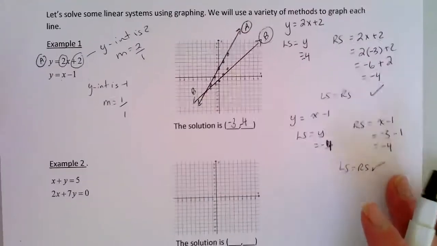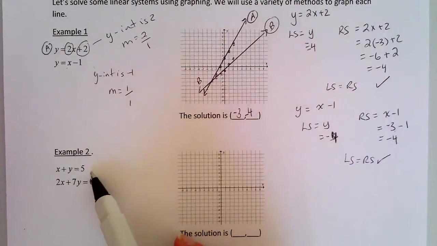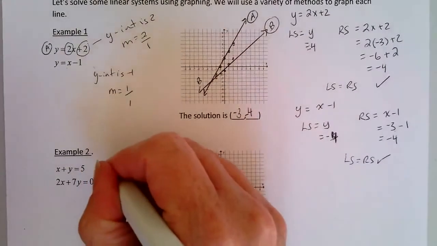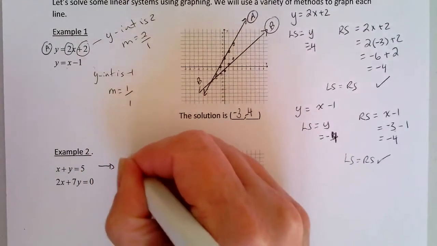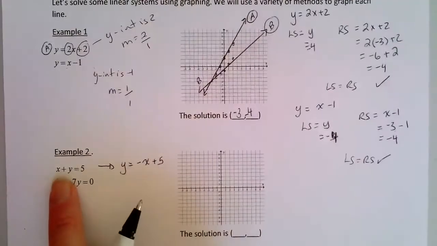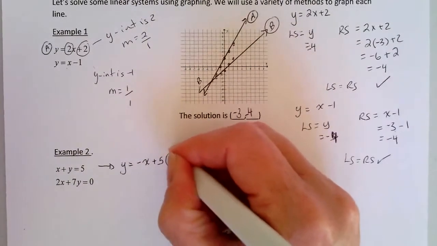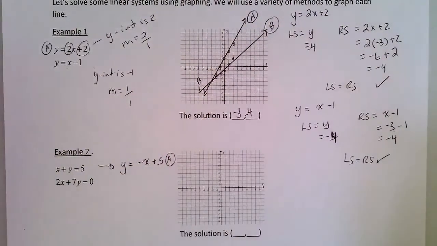Now the next group of questions, the graphing is a little bit more complicated because right now this equation is not in y equals mx plus b form. But what we can do is rearrange that and transpose the x to the other side and make it negative. And so now we have an equation in y equals mx plus b form.